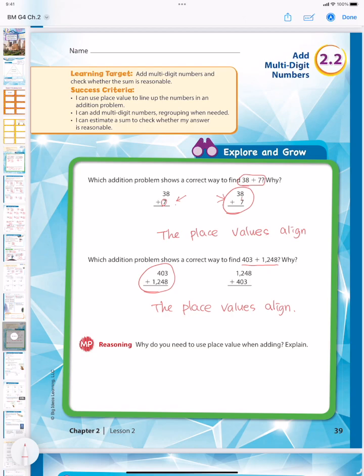Why do you need to use place value when adding? You need to explain.